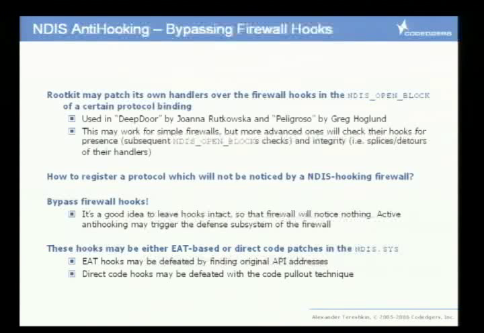As I mentioned before, the techniques that a firewall may use to hook NDIS could be either export table based or direct code patches based. Export table hooks may be defeated by finding original API addresses in the NDIS image driver. Direct hooks may be defeated with the code pullout technique, which I'm going to discuss later.